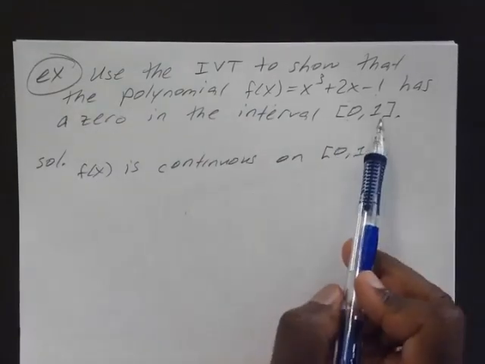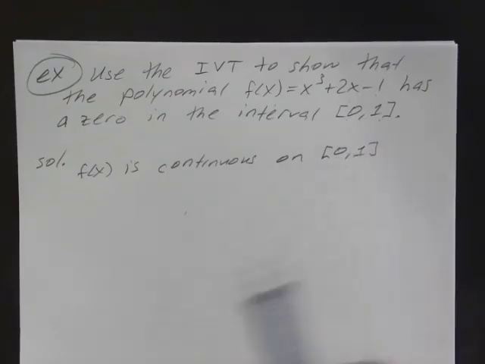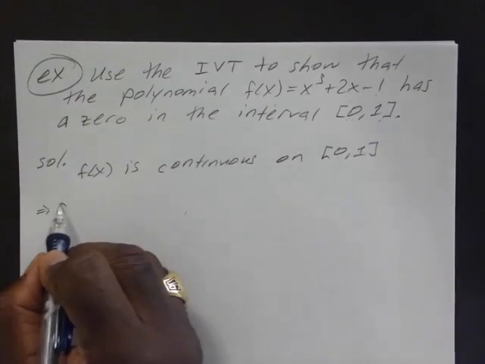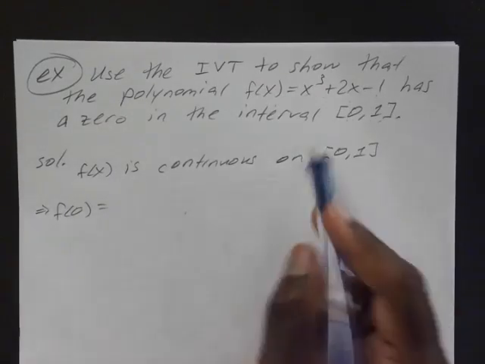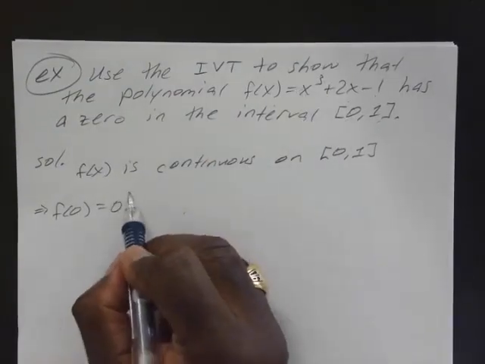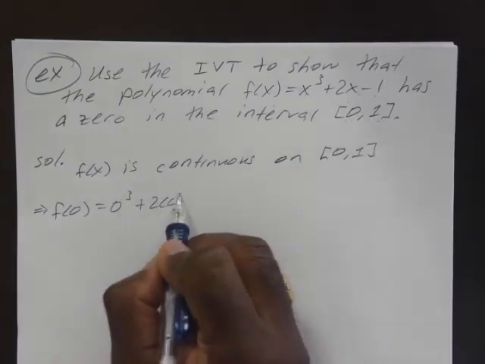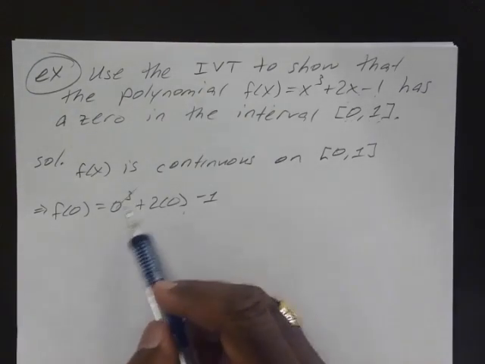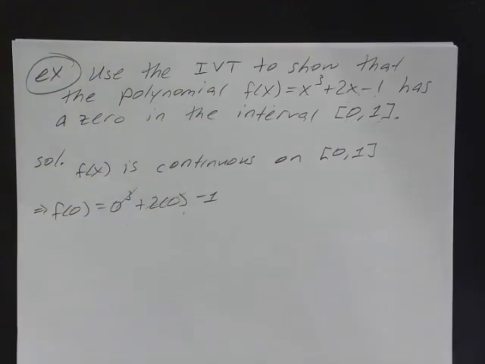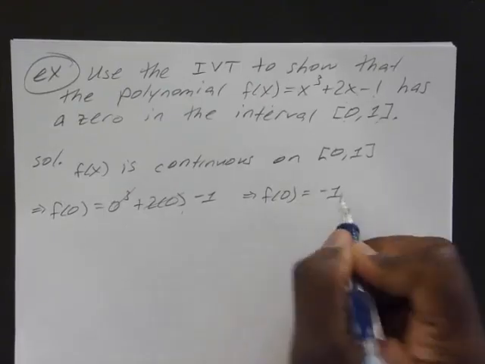Okay, so the first thing we're going to do is plug in our first and last term, so the two endpoints. So f of 0 is just equal to 0 to the third power plus 2 times 0 minus 1. Well, 0 to the third and 2 times 0 are both 0. So we know that f of 0 is equal to -1.